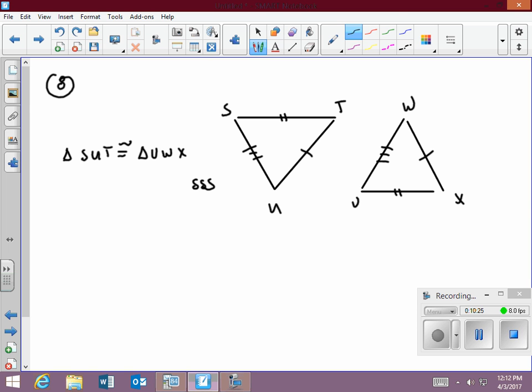EWX, I'm sorry, it is EWX. So you want to make sure you specify the vertices corresponding, and then you want to be able to say what's the reason for it.